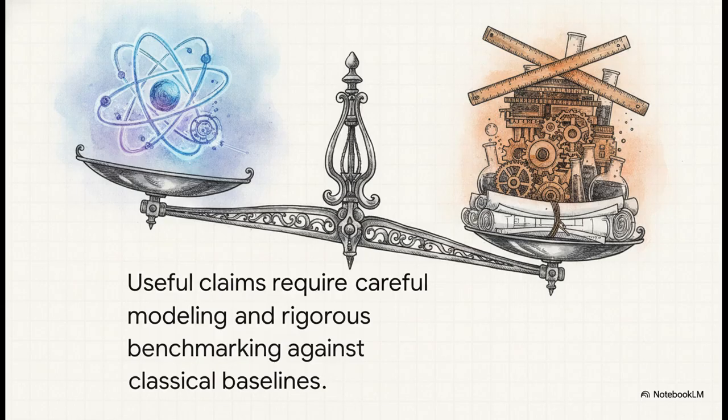Yes, chemistry and materials are absolutely the most promising applications precisely because they are naturally quantum systems, but making useful claims of quantum advantage? That requires incredibly careful domain modeling, strict resource accounting of every single logical gate and measurement shot, and ruthless, rigorous benchmarking against the absolute best classical baselines available. You simply can't just run a noisy circuit and declare that you've solved chemistry.